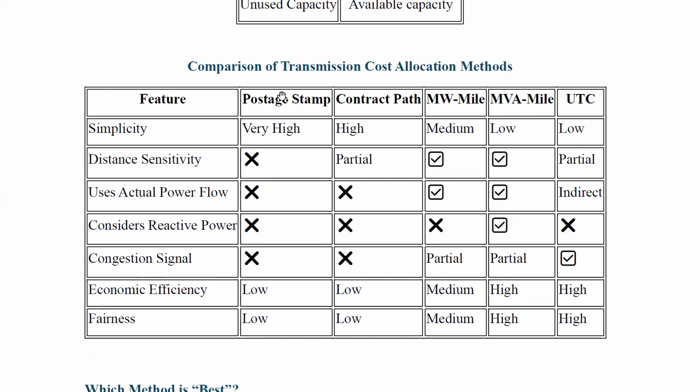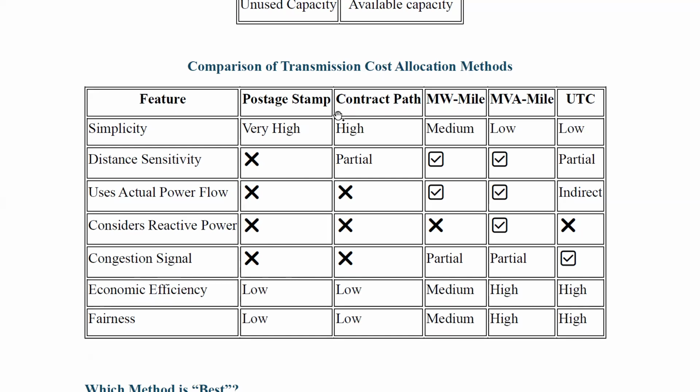For the postage stamp method, simplicity is very, very high. But it is not distance sensitive. Actual power flow and reactive power are not considered. Congestion signal is not there. Economic efficiency is low and fairness is also low. That's why it was used in the very early days.